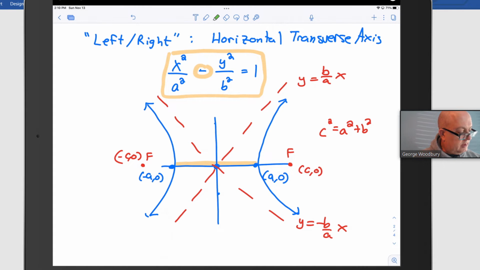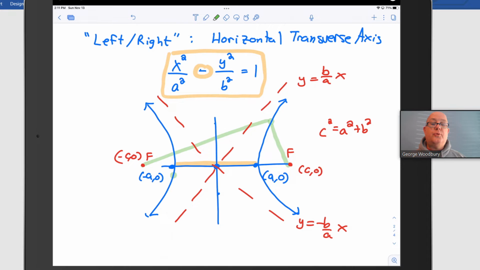If I pick a point somewhere on the curve, this distance and this distance, the difference between them, ignoring the sign, remains constant. So whether I pick that point or this point, it doesn't matter. Connect to the two foci, subtract the distances, it's going to be the same.